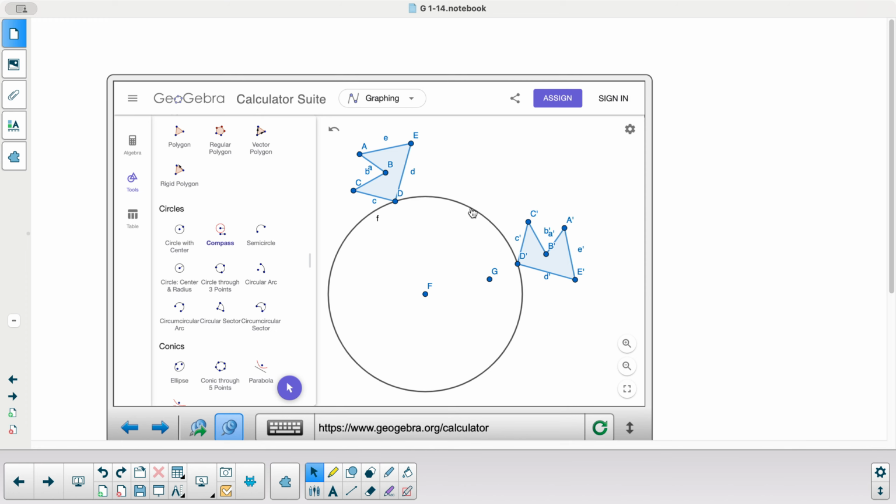So this point D is going to swing over here to D prime. And if I make an angle with D prime to F to D, this is going to form a right angle. Okay. And it's going to happen with every point. Like, let's look at E. So E to E prime. All right.